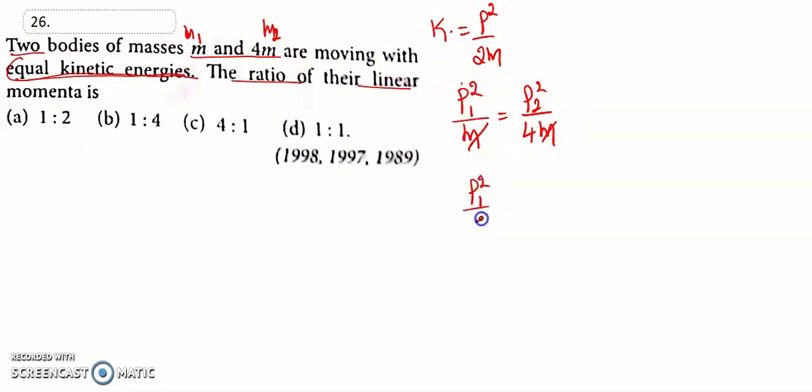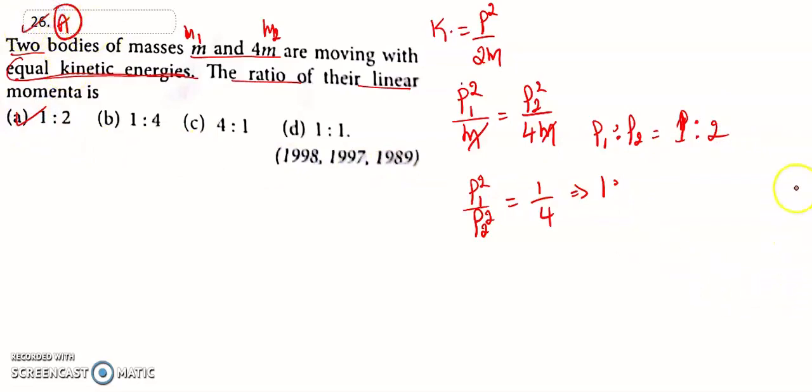P1 square divided by P2 square is equal to 1 by 4. So P1 is to P2 is equal to 1 is to 2. So option A is the right answer for 26.